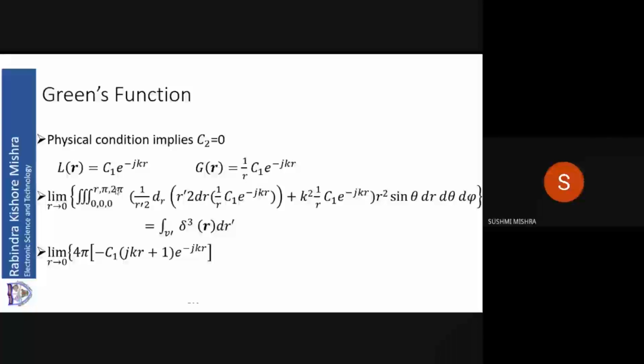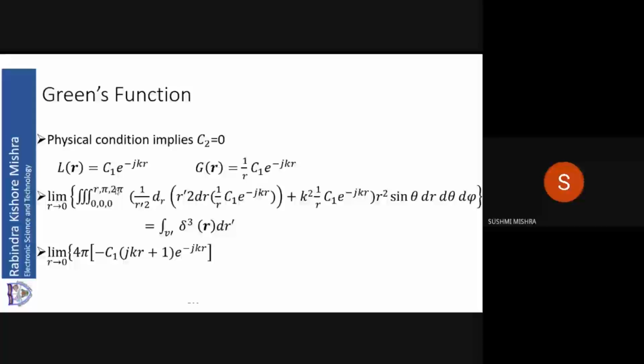Cos pi is minus 1, so minus cos pi is 1. Then minus of minus cos 0, and cos 0 is 1, so minus of minus 1. So the integration over theta will give me 2. So 2 into 2 pi will give me 4 pi. That 4 pi I have taken outside.